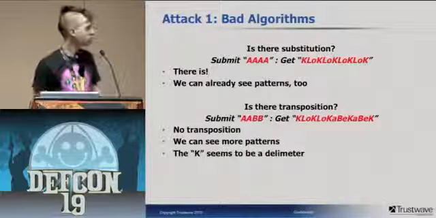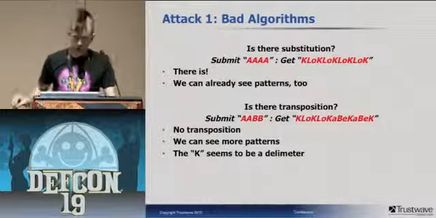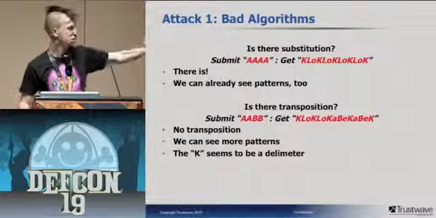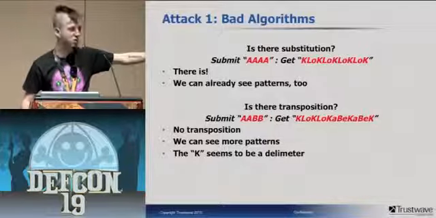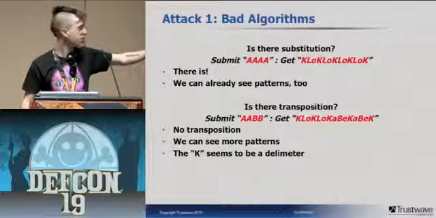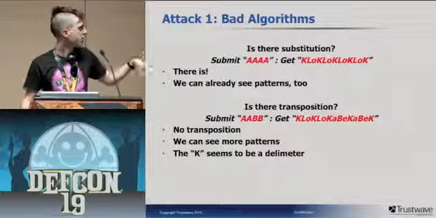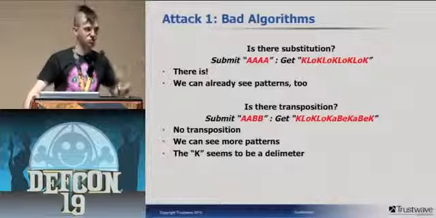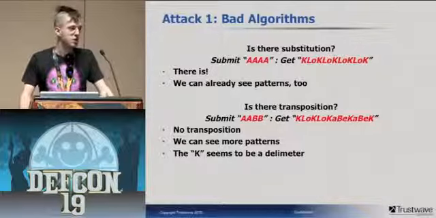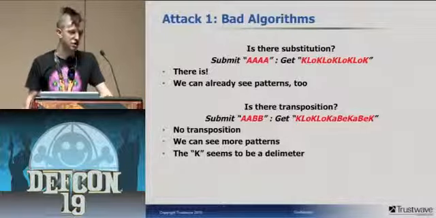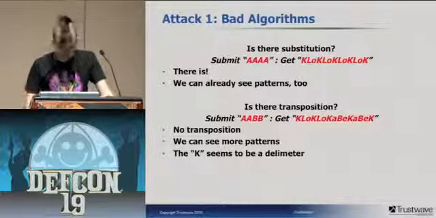The K also seems to be a delimiter. You can have different lengths with these characters, so the K is just standing in to separate characters, so that even with variable lengths for the ciphertext version of different characters, it still works. Anyway, let's move on.